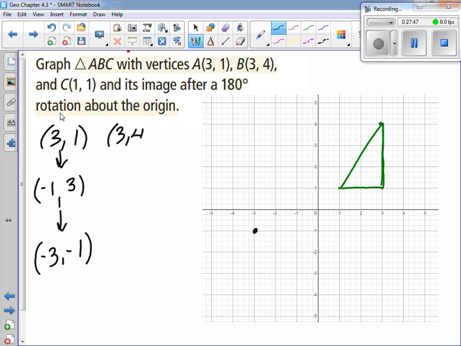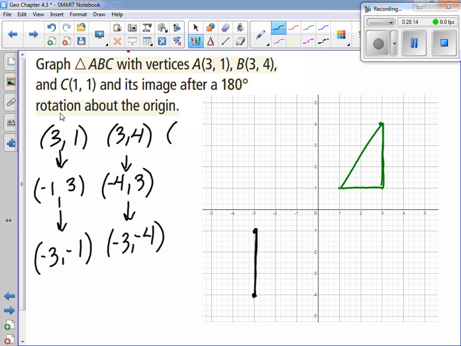Let's see the next one, 3, 4. Well, at 90 degrees counterclockwise, it would be negative 4, 3. We flipped it and changed the sign of the first. And if we do that again, we would be at negative 3, negative 4. There's one side. Any questions on any of this here?